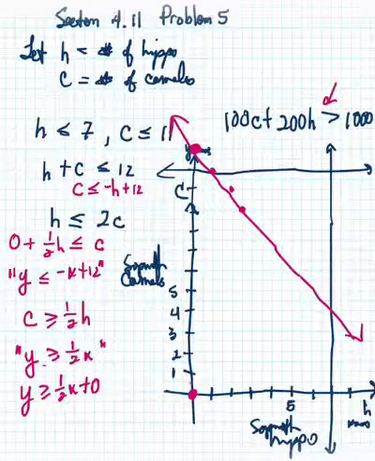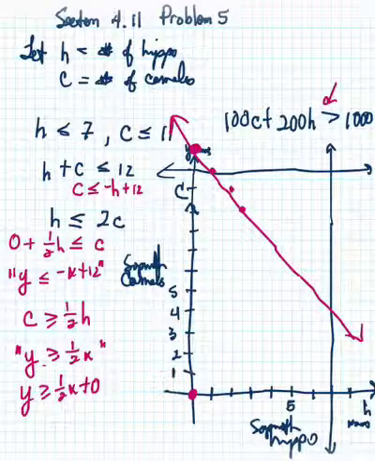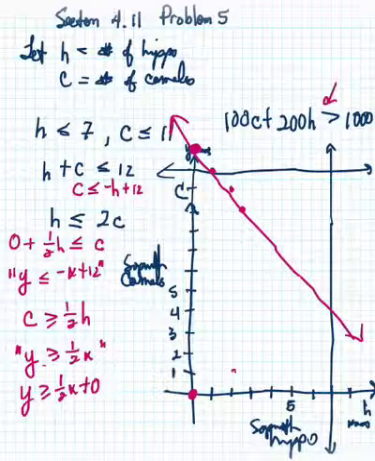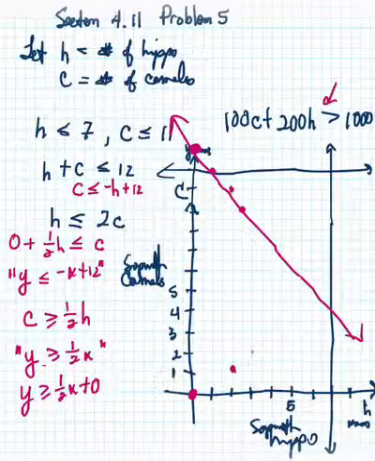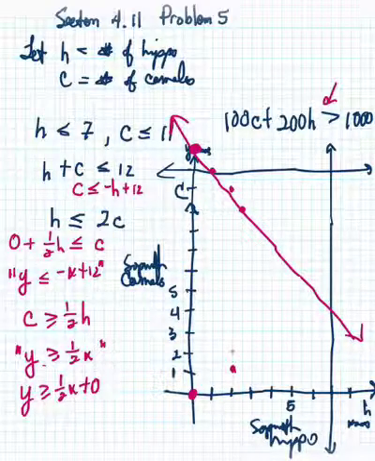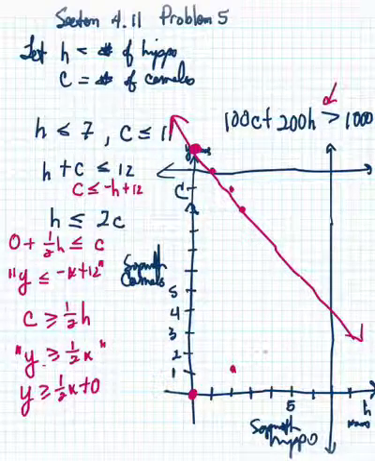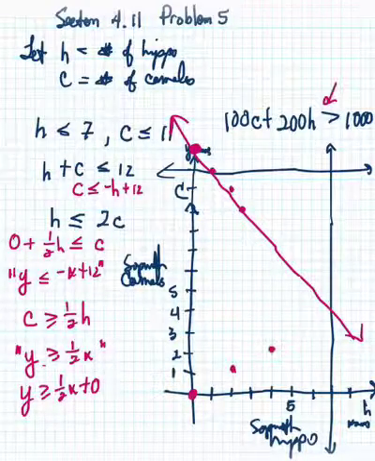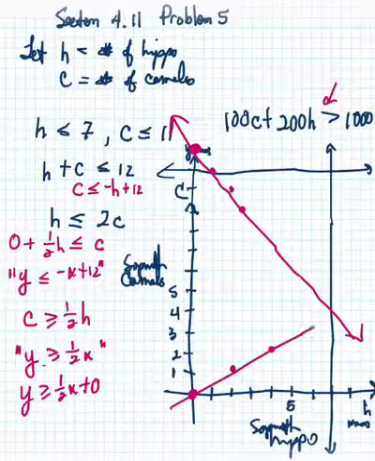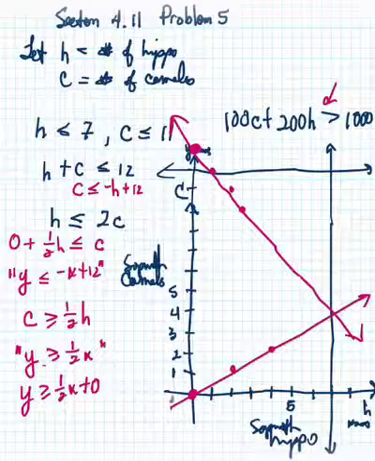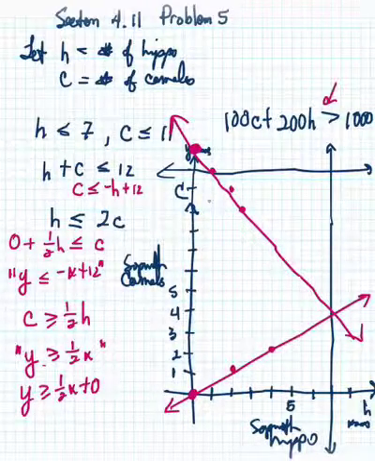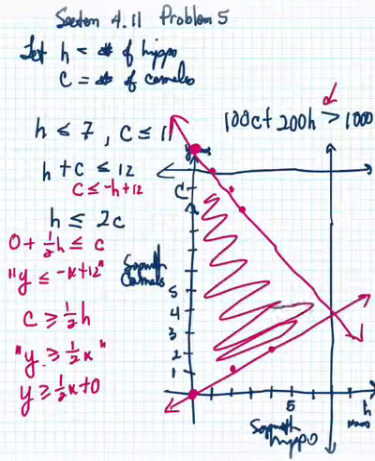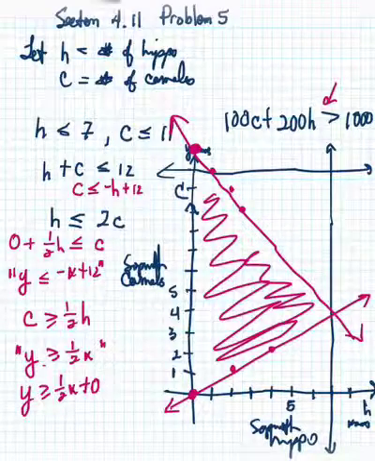So it's going to be a positive slope, so up 1 over 2, up 1 over 2, up 1 over 2, and there we go, like that. It's going to be greater than that, so now that's my feasible region.